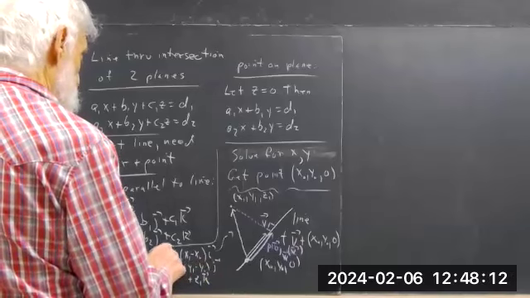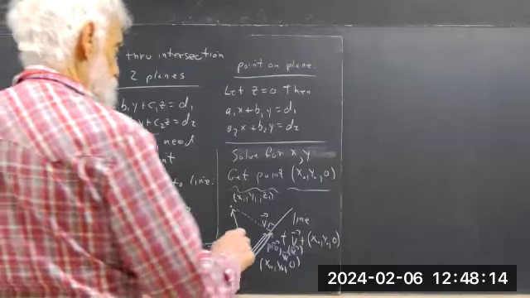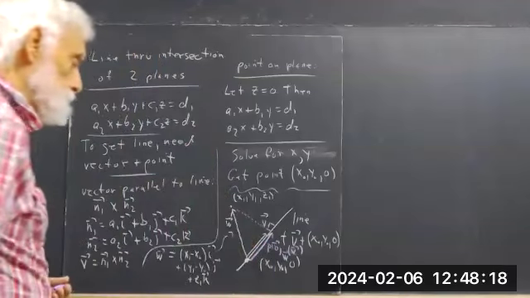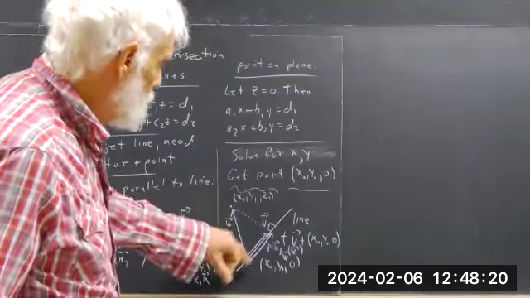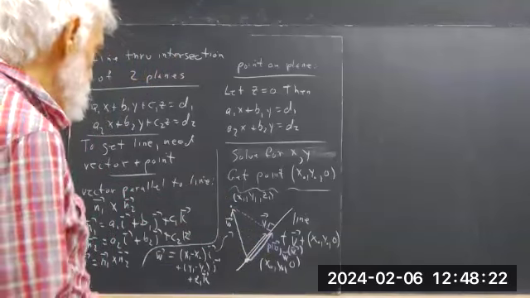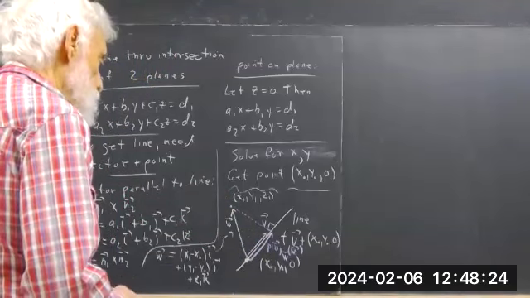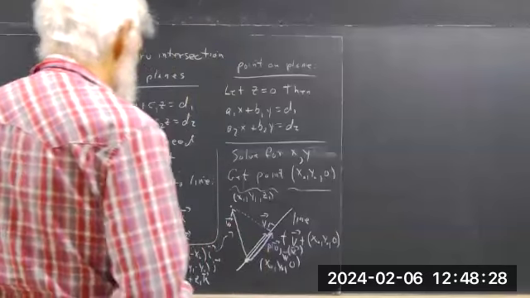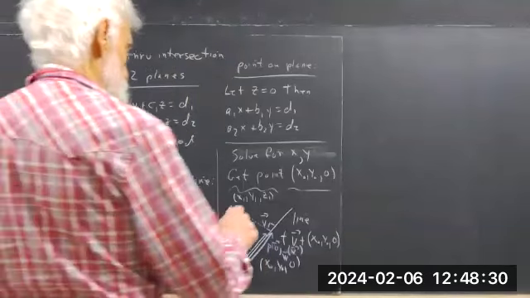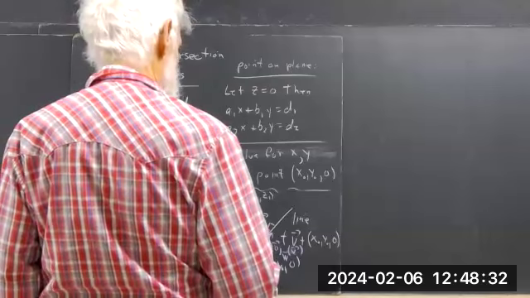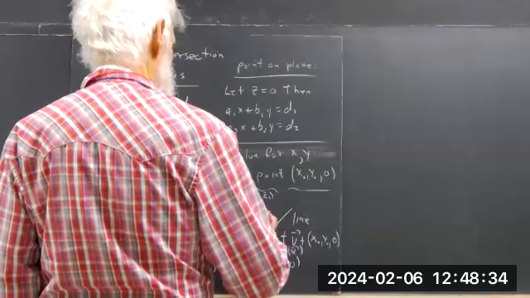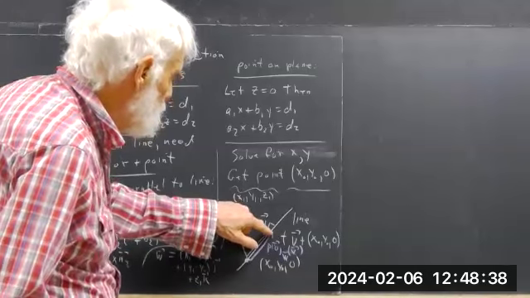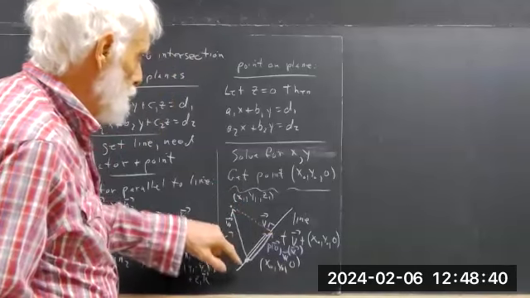W is this vector. So here's W. So we project W on V. And then this vector here is, well, this vector plus this vector equals W.